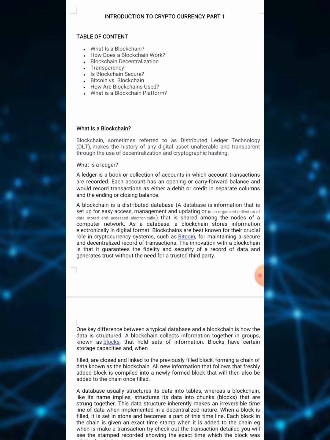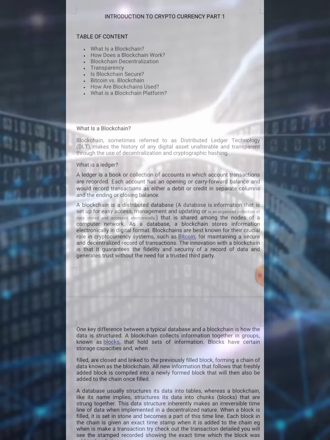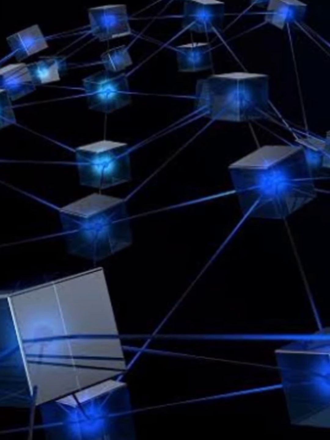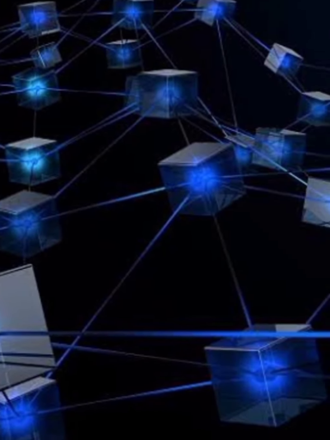So a blockchain is a distributed database. A database is information that is set up for easy access and management, or an organized collection of data stored and accessed electronically.